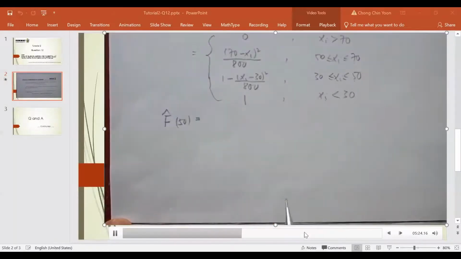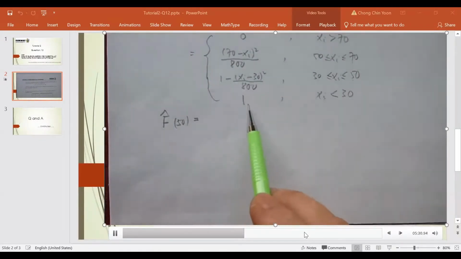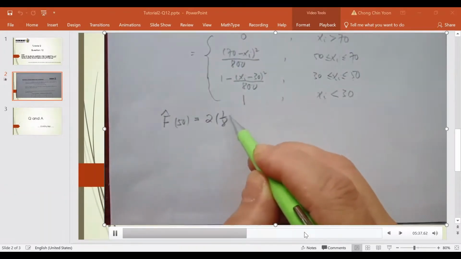That is, I'm going to take the probability and multiply by the K value. The first 2 data have a K value of 1, multiplied by the probability of 1 over 8.